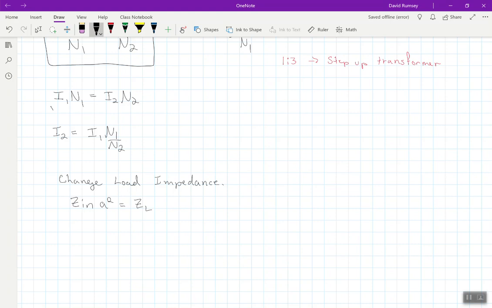If you're specified Z in and Z load, you can find A for max power transfer. And what does that mean?